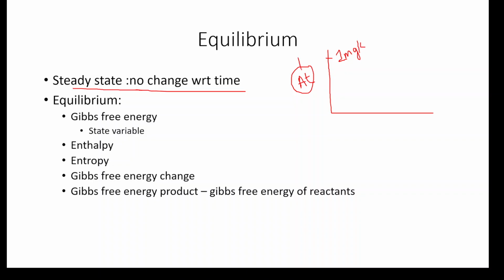I have the antibiotic in this container, and I am putting some chemical in it to reduce the content of antibiotic. So what will happen with time? The antibiotic concentration will reduce, and after a certain time it will not reduce further.